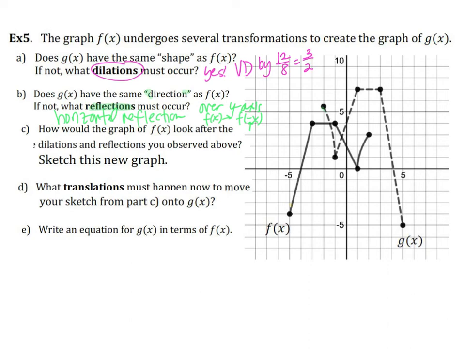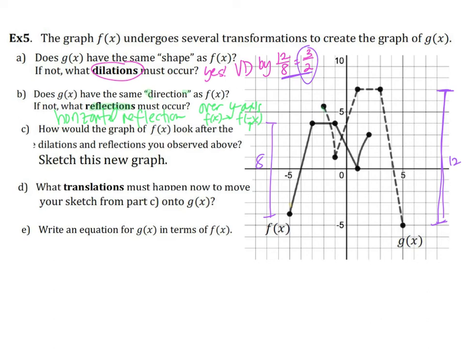One of the things I forgot to write down before I erased everything was what the vertical dilation factor was. We had that distance of 12 over here, and this vertical distance of 8. So the new height between the maximum and minimum was 12 units, and the original was 8. You take the new over the original, and you get 12 eighths, and you can reduce that to 3 halves.